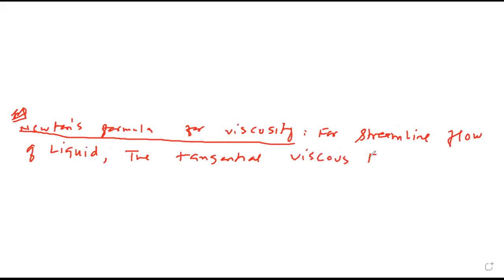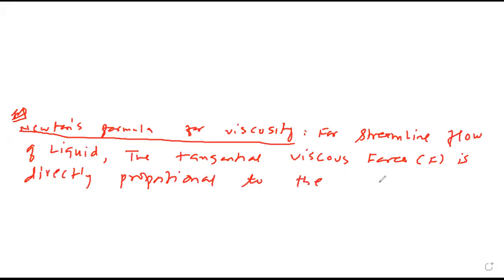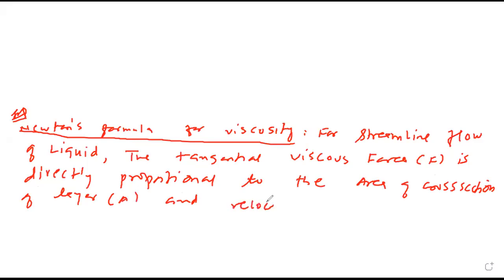viscous force, because force will be along the liquid, therefore it is tangential. F is directly proportional to the area of cross section of layer A and velocity gradient dV by dx.